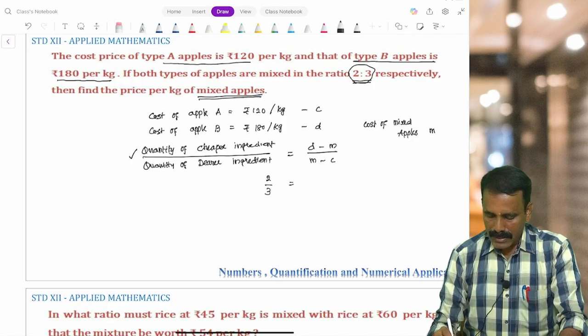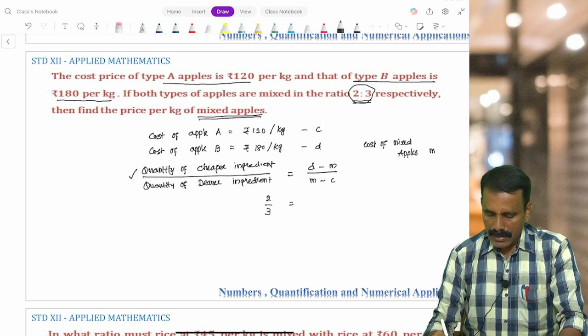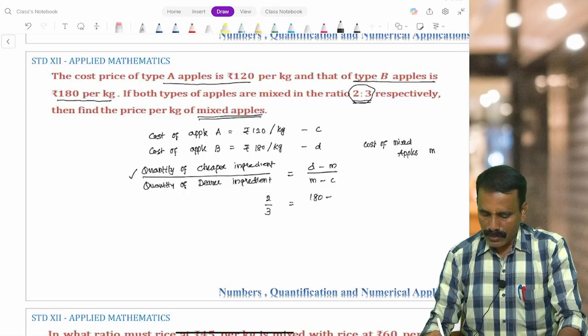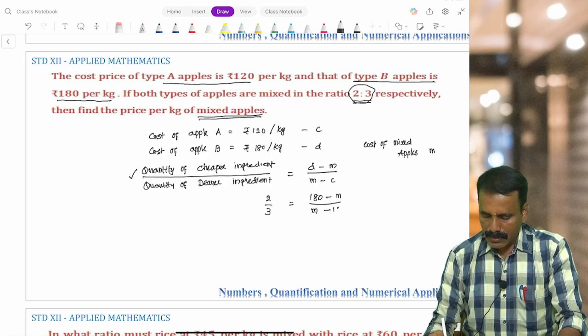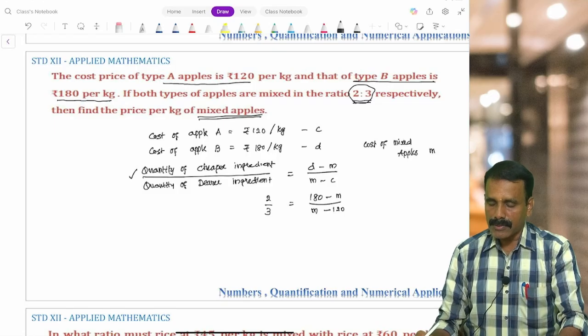So 2/3 is equal to dearer cost is 180 minus mixture cost we don't know. So we take it as such M divided by M minus 120 and we try to cross multiply.